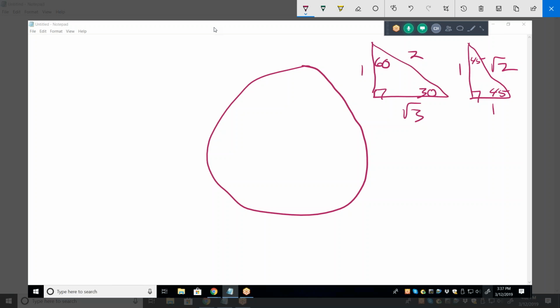Okay, so the first thing you want to know is these 2 triangles. And notice why. Obviously, you need this also. What SOHCAHTOA and these 2 triangles do is allow you to figure out the sine, cosine, and tangent of your common angles, 30, 45, and 60.